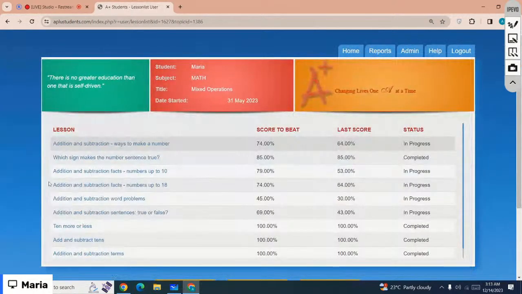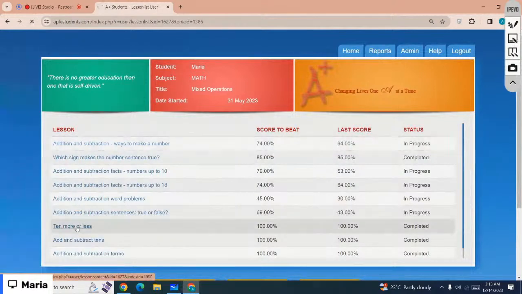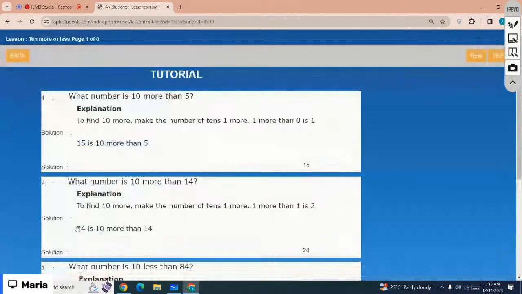Okay, the next lesson is 10 more or less. What number is 10 more than 5? You have to see which number is 10 more than 5, right?